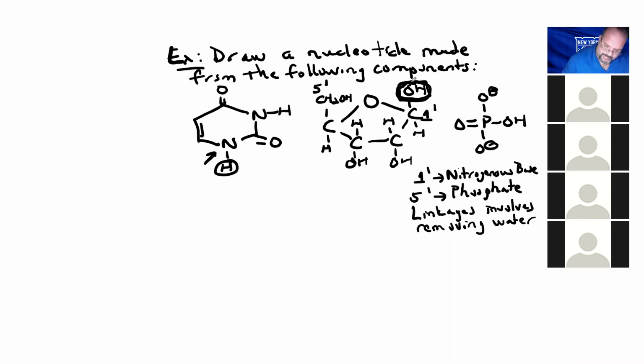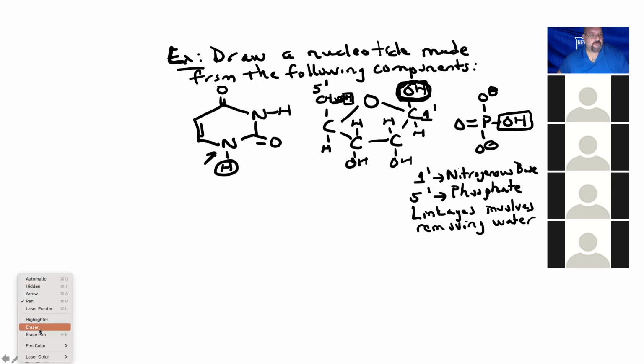And then for the phosphoric acid, we're going to take off the OH, and off carbon 5', we're going to take off the H. I should have squared that instead of circling it, of course. Those are going to be the waters that are removed.